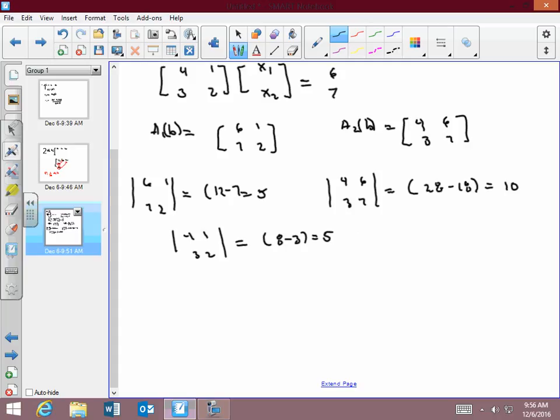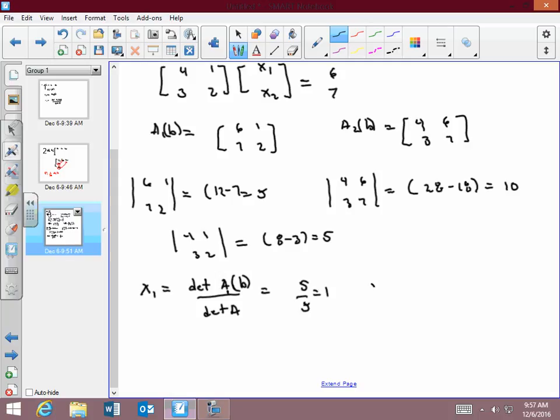So the x1 is going to be the determinant of A1(B) over the determinant of A. So that's 5 over 5.